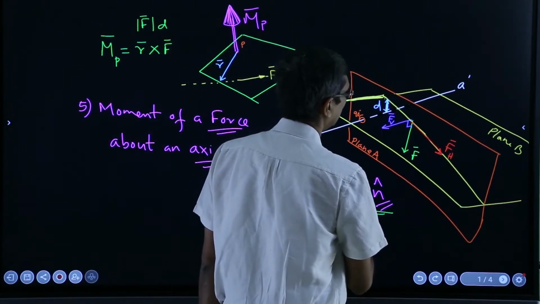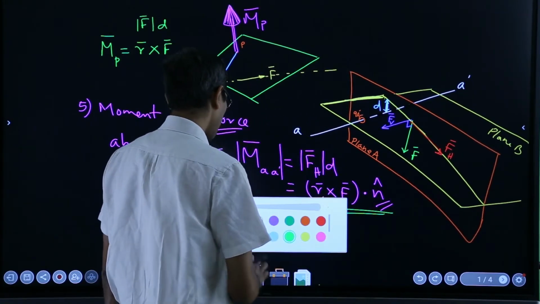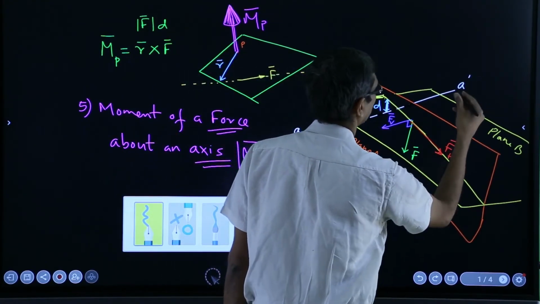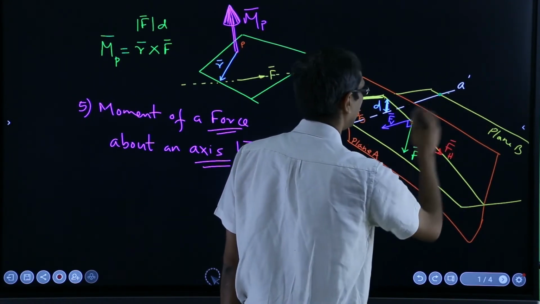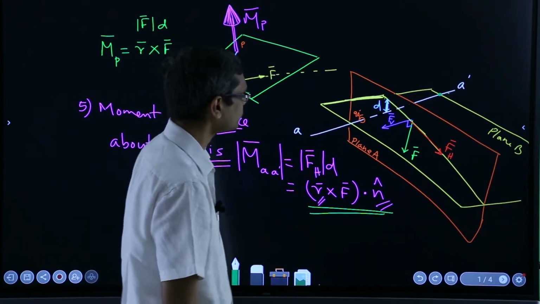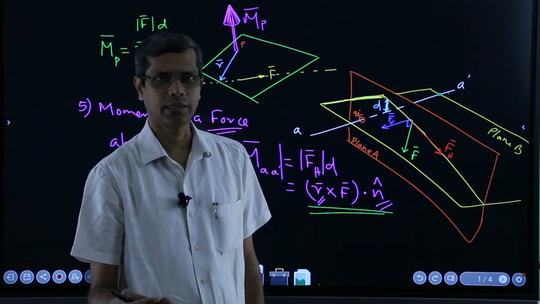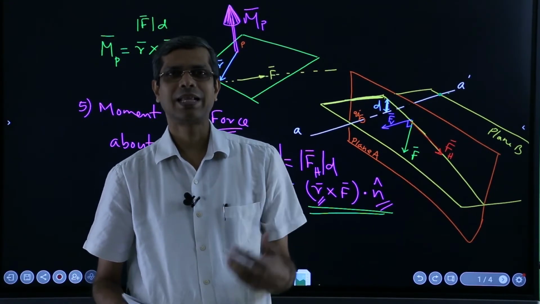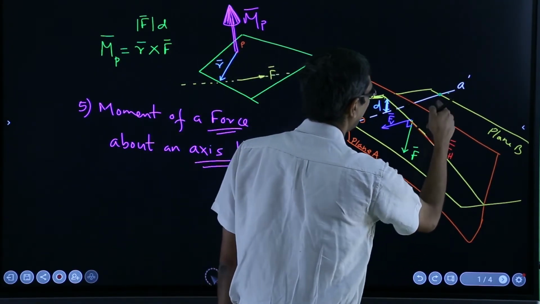Now, this R is defined like this. You take any point, again mark it, any point on the axis A prime about which you are evaluating this moment. So, that is one of the powers you get. Okay. As soon as you get some freedom, that gives you a power, that is the strength of the method.